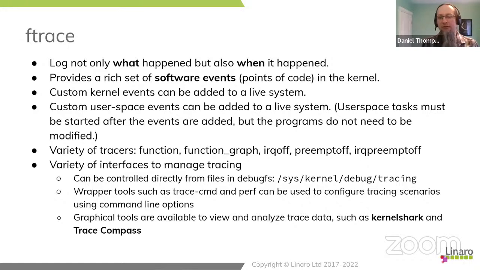It has this rich set of software events, which is mostly what we're going to be working with when we're working in real time. We can track all the scheduler's decision points. We can track entry and exit of all interrupt handlers. We can track when interrupts are locked and when interrupts are unlocked. We can track when preempt is enabled and preempt is disabled.